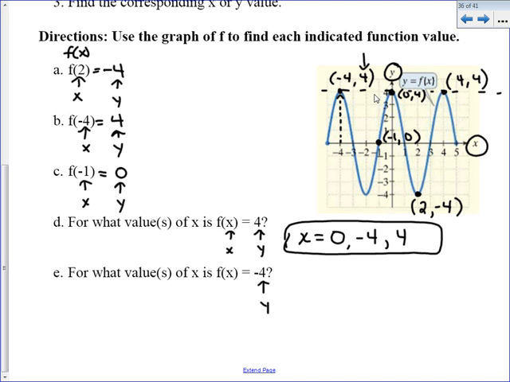Because if we go down to negative 4, again, when you have the y, you're looking horizontally, left and right. Well, we have one labeled. The other one, it's right here. There's 2 points on that graph that have a y value of negative 4. And what we want to know is what are the x values in those points. So we have x is equal to negative 2, positive 2.